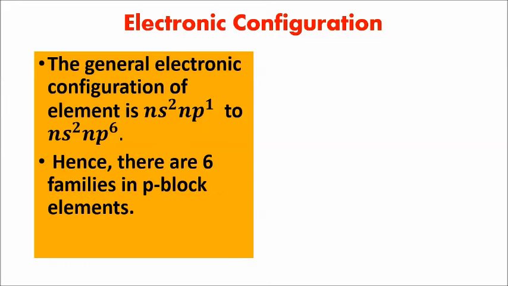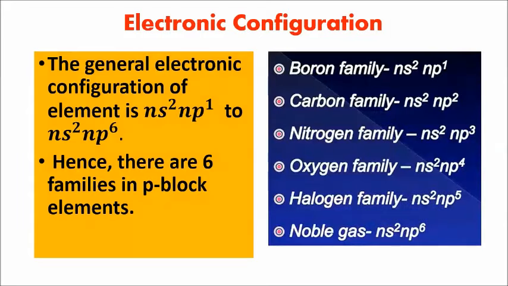And according to this, we know that there are 6 groups in the p block elements. So we can name the 6 families in the p block as boron family, carbon family, nitrogen family, oxygen family, halogen family, and noble gases. The first member of the group gives its name to the family.